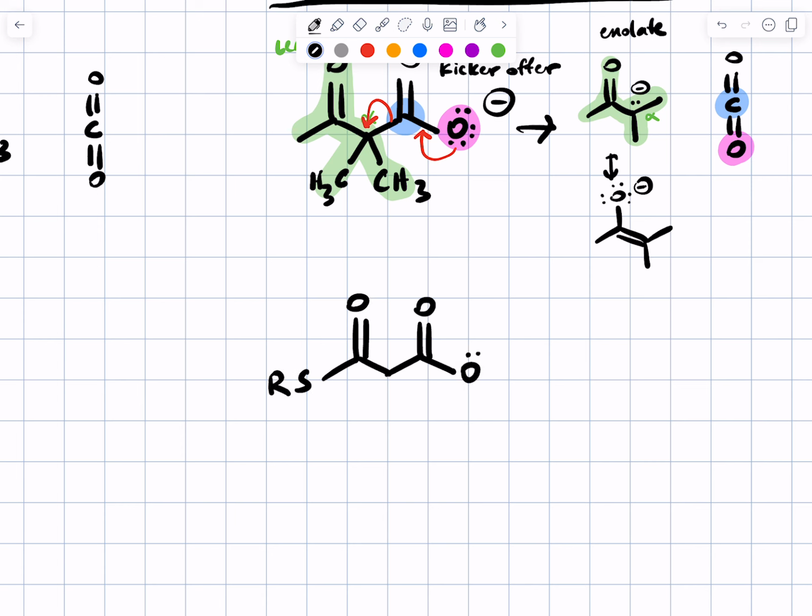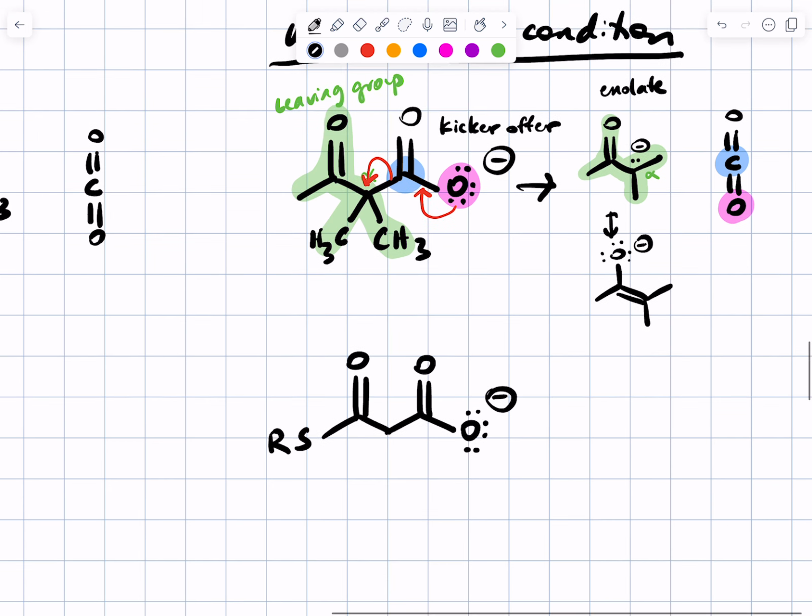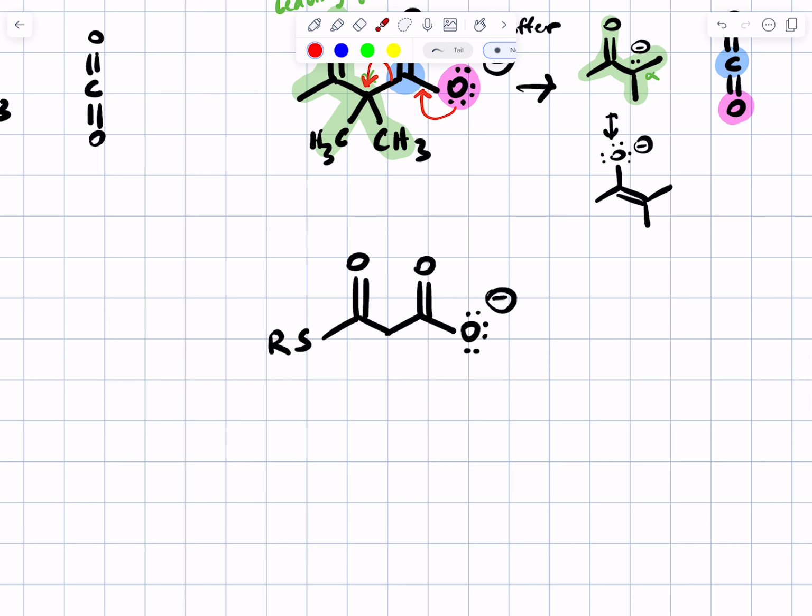Here is an intermediate in fatty acid synthesis. It's a little bit different than the beta keto acid shown above because the group over here is a thioester, but it spontaneously decarboxylates via a similar method, kicking off the enolate.